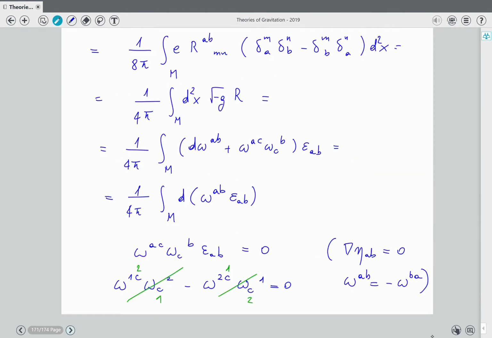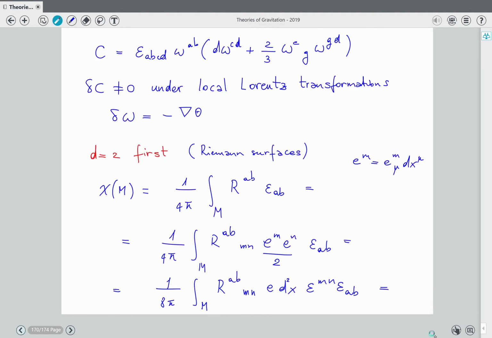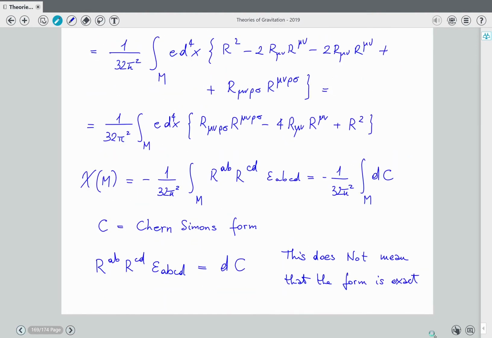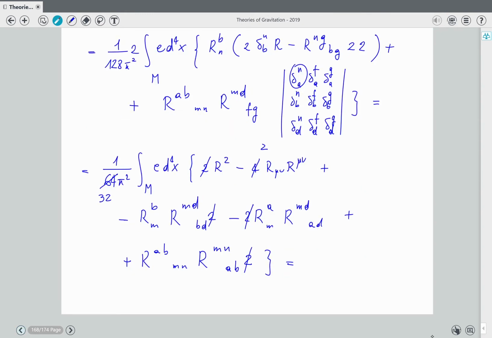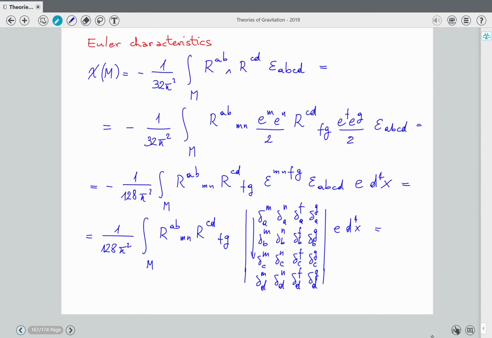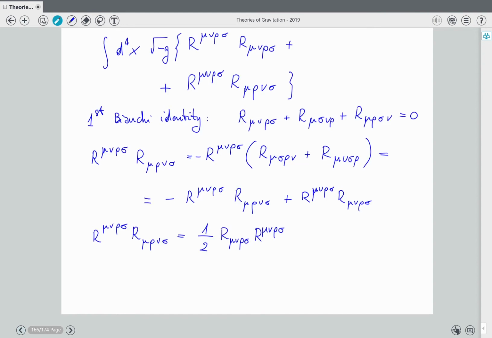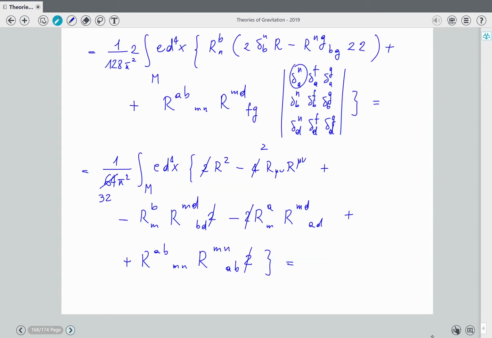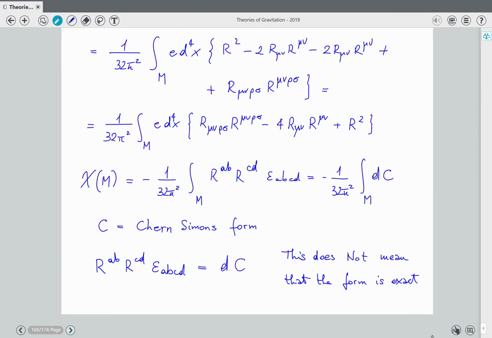And in 2 dimensions, we have said that it is the Euler characteristic, and it is an integer that counts the number of holes of Riemann surfaces. Those surfaces are closed. I don't find the surfaces here, but you remember that.